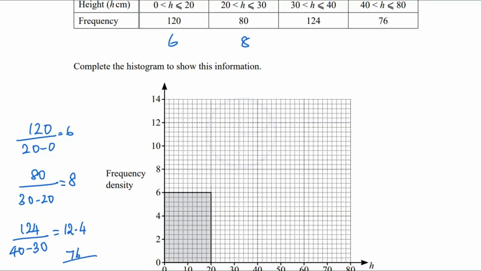76 divided by 80 minus 40, which is 76 divided by 40. Divide both numerator and denominator by 4. So 40 goes into 10 times and 76 is 19 times. So 19 divided by 10 will be 1.9. Now from height 20 to 30, frequency density will be 8.